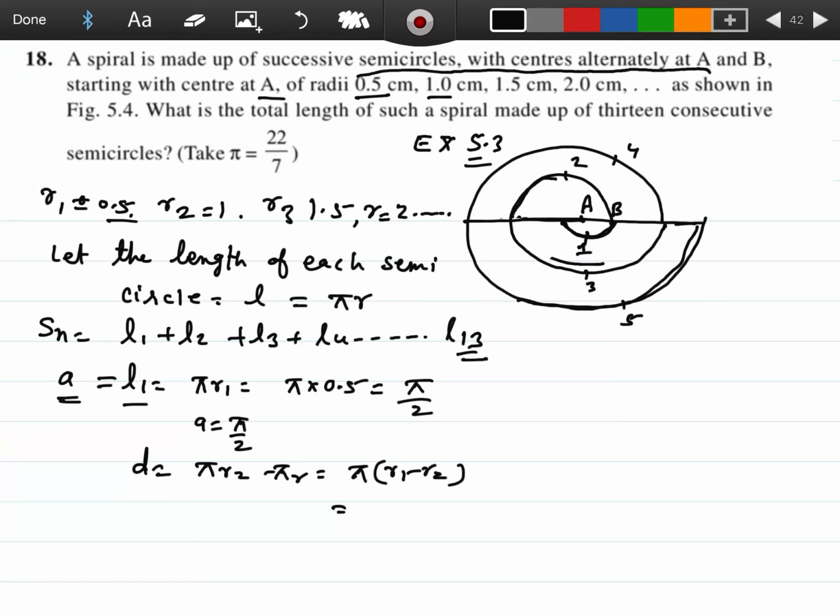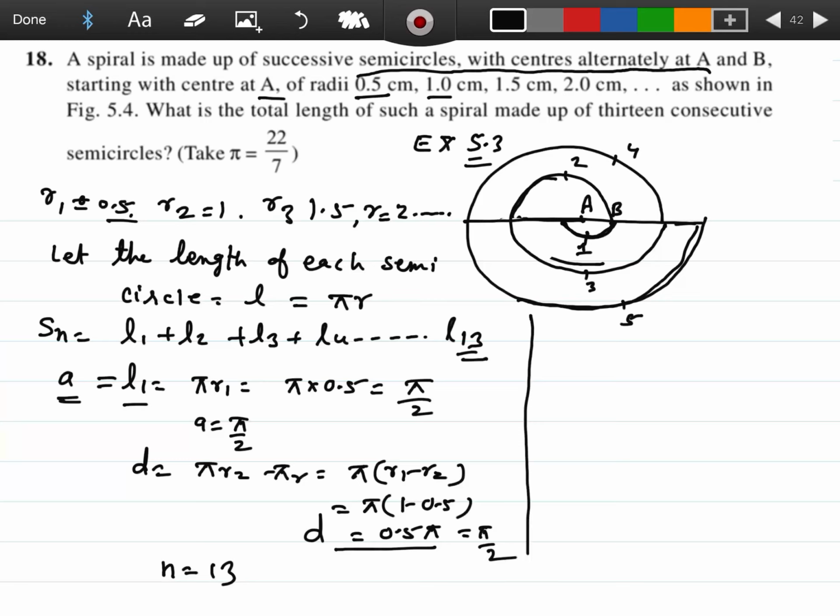D is equal to pi r2 minus pi r1, taking pi common, pi times (r2 minus r1). That is 1 minus 0.5, which is 0.5. So D is equal to 0.5 pi, or D is equal to pi by 2.